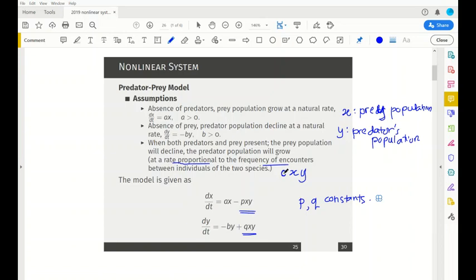This leads to the decline of the population of the prey, right? Decline, that's why we have a negative sign.